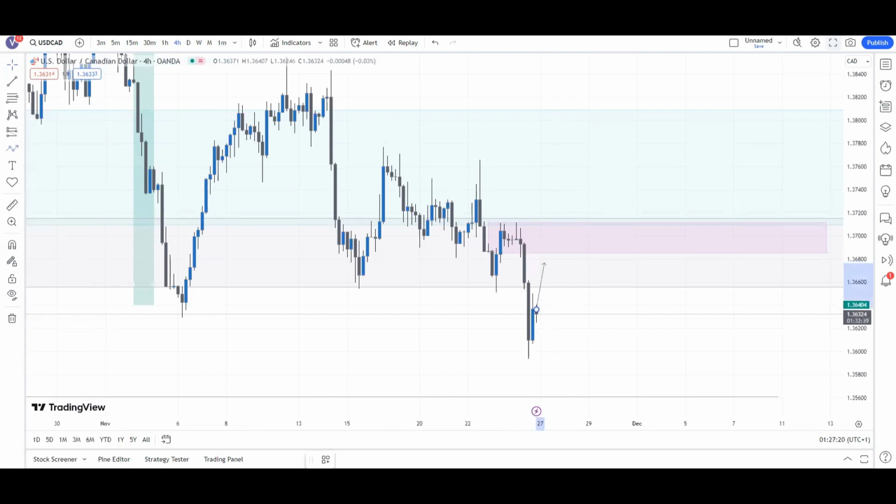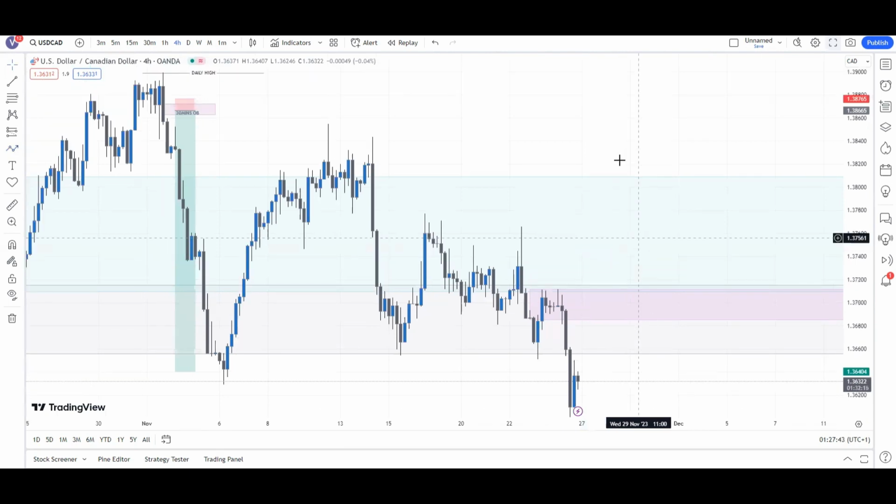Now, this is before we start selling. Before I start looking to sell, I want to see price go into this region, fill up this guy. And even if it breaks it out, or anywhere around this region, I'm interested in selling at a discounted price.